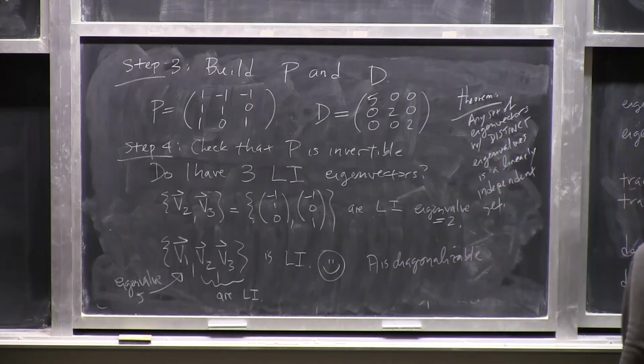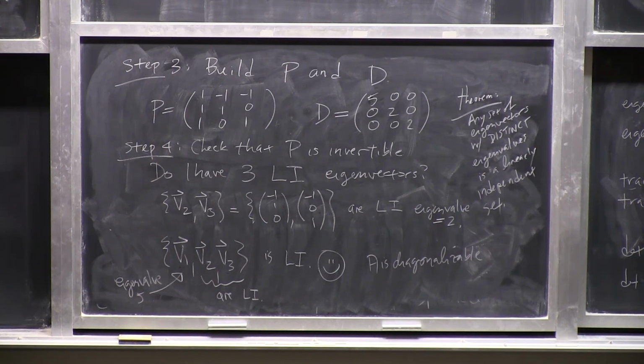Now we can quickly check. The eigenvalues of A, we computed them. They are 5, 2, and 2. The eigenvalues of D, they're staring us in the face. D is a diagonal matrix.